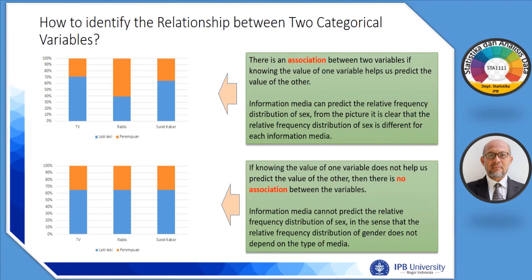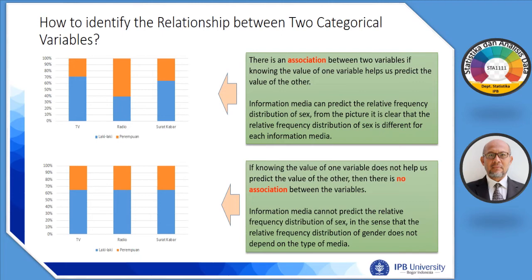But if you have a graph like the other graph at the bottom, for example, through the three media, you can look at here, the percentage of male and female is almost the same. This is just an example from different data, not from the data we just talked about earlier.